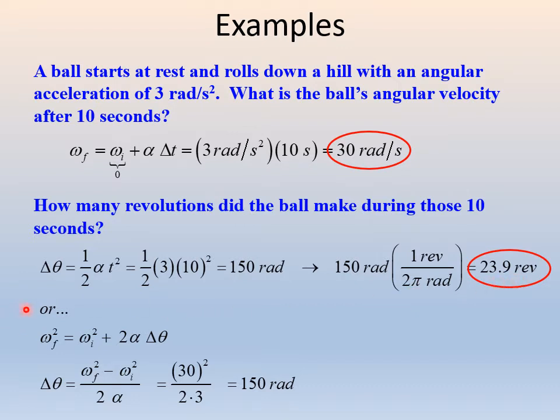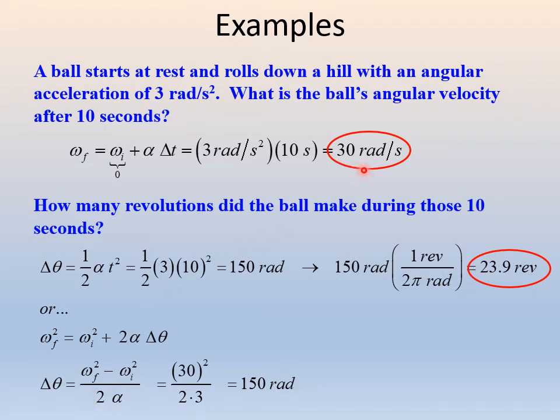Now the other way to solve this problem is perfectly fine as well. We can use this equation for final omega, and we can solve this for delta theta, the angular displacement. Doing a little bit of algebra, delta theta is equal to omega final squared minus omega initial squared divided by 2 alpha.